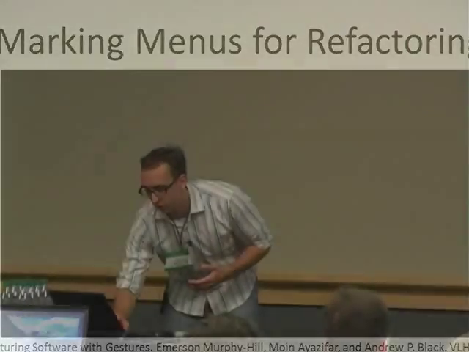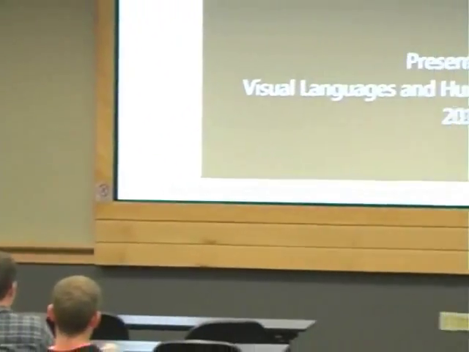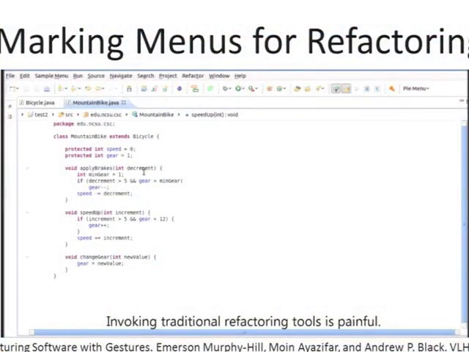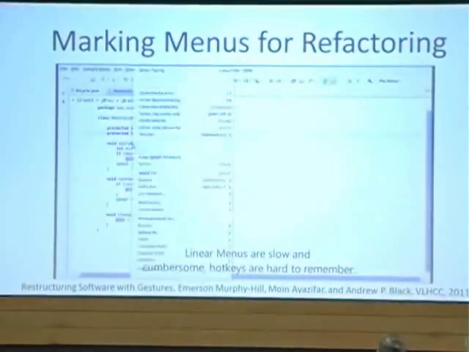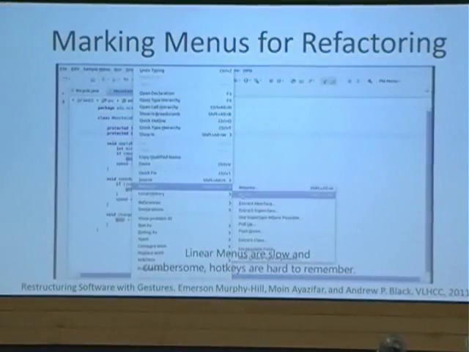And so I've got a little demo here, a little video. The tool's been around for about 3 years now, but we're just presenting an empirical study later this year. What we've noticed is one thing that's painful about refactoring tools is the menus. The menus are quite long. Even the context menus, you have to navigate through a lot of stuff.